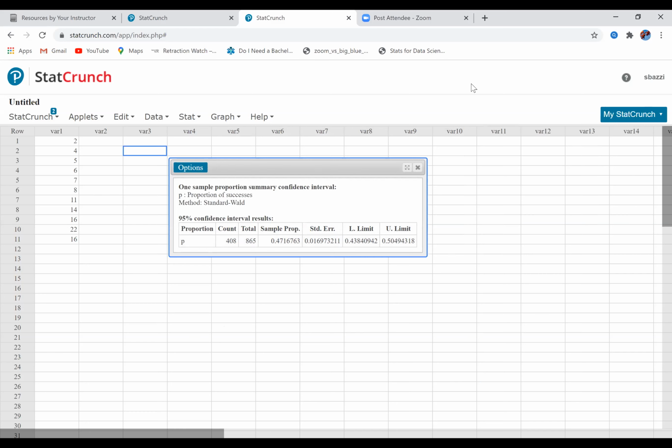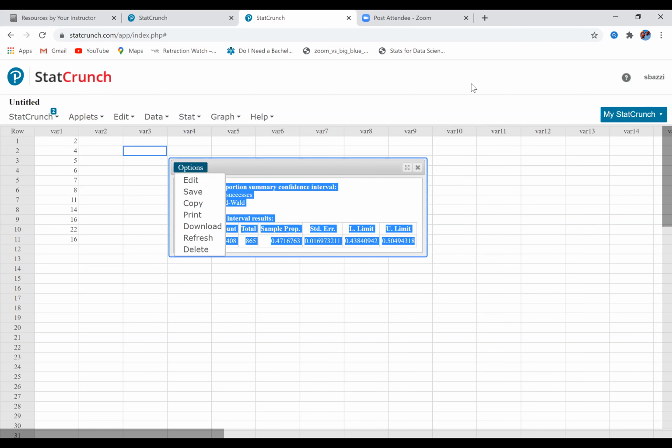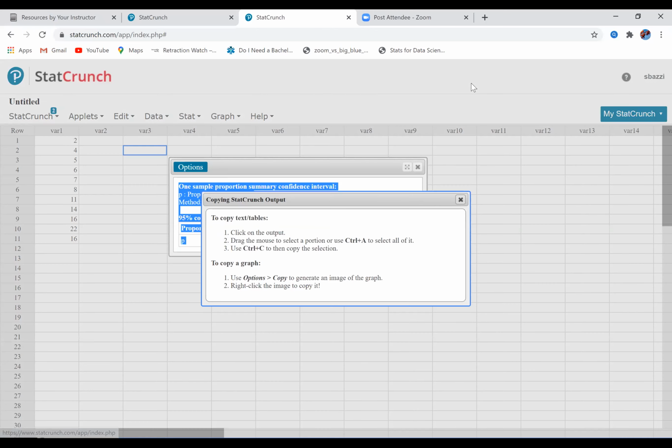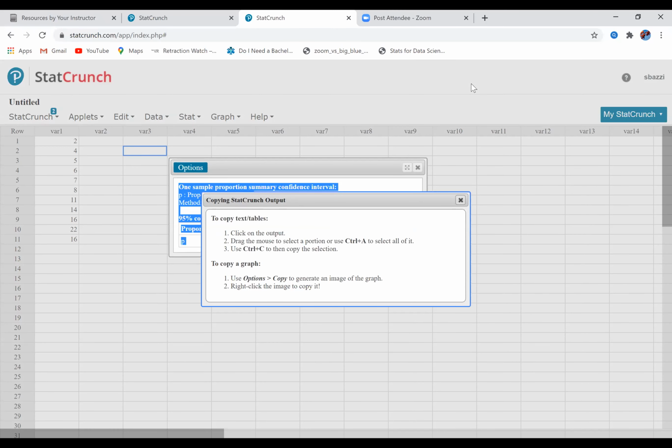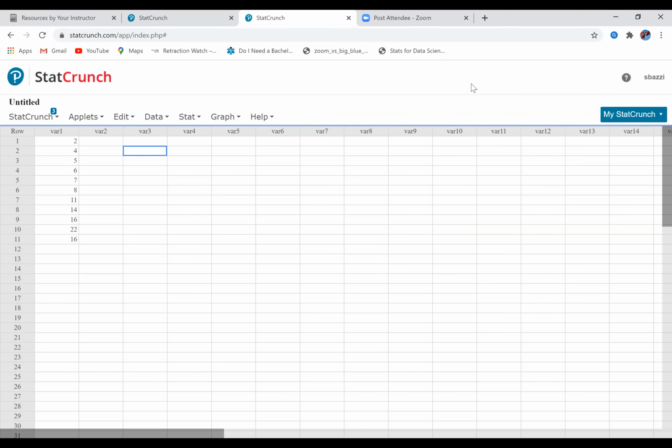Not only that, there is a project that's going to come toward the last 2 weeks of classes, and you need to use StatCrunch in order to copy and paste your output into a Word document. You just select it and copy, or do a Control-C, then go to a Word document and do a Control-V. So this is how we use StatCrunch here.